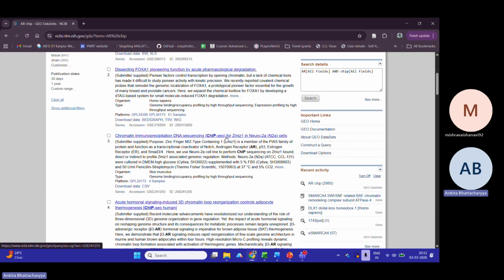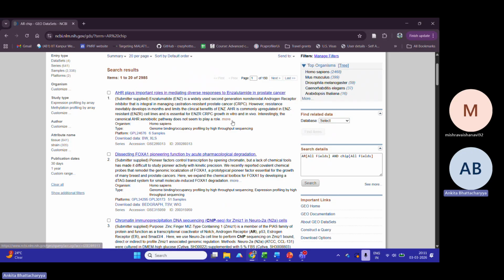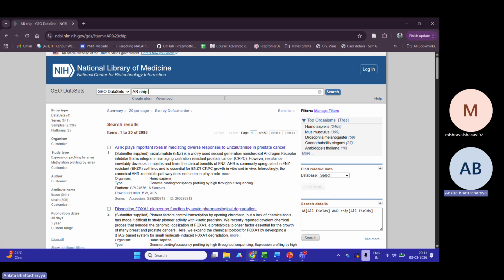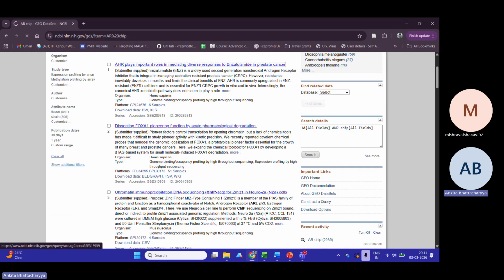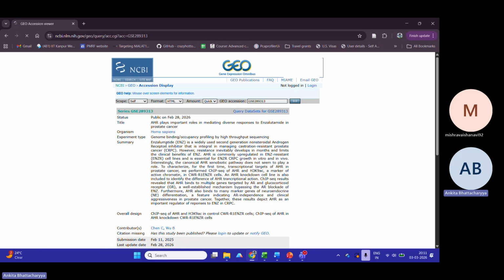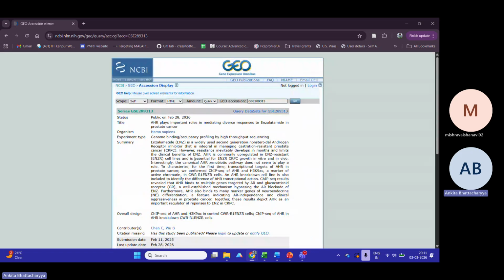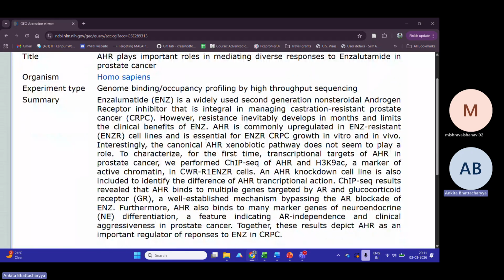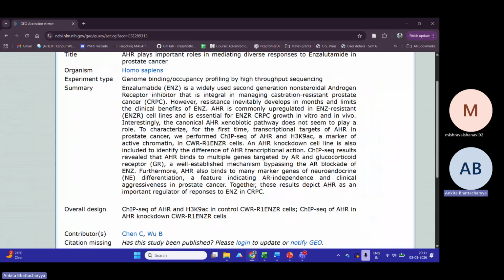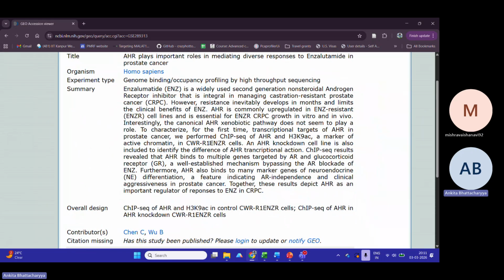At the end of these techniques, you will see what sort of data it has. Let's look at this first one. When you open any particular data set, you will always find information about what type of experiment has been done and what conditions were maintained during the experiment.